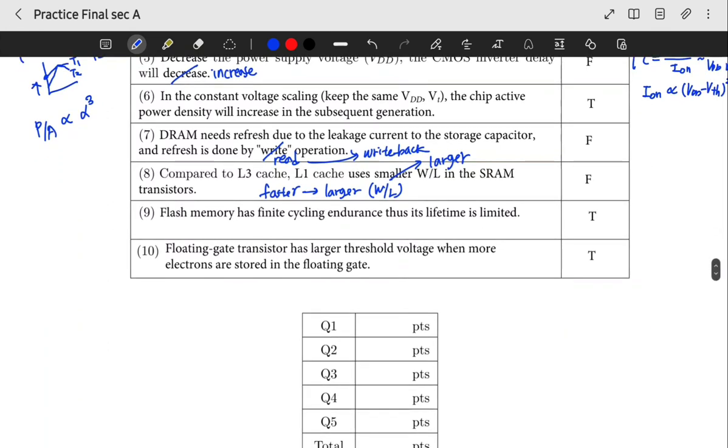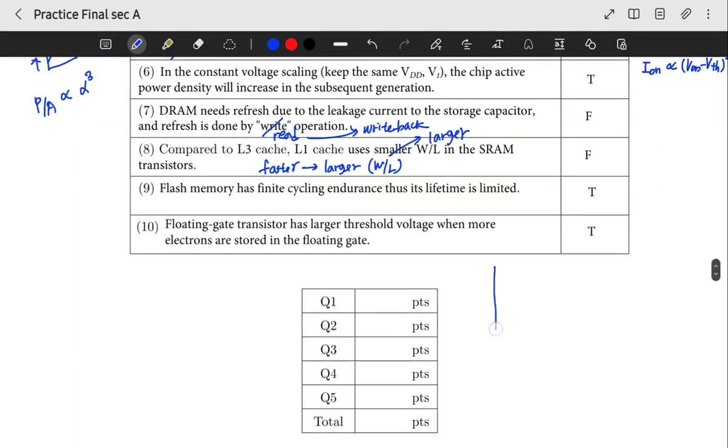And the floating gate transistor has a larger threshold voltage when more electrons are stored in the floating gate. Yes, this one is also true. If you recall the flash memory program and erase states, you can see this one in homework 5 as well.